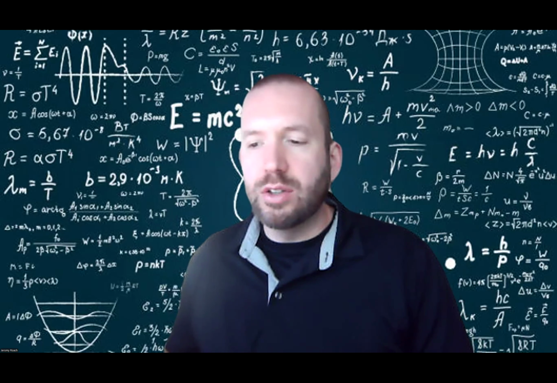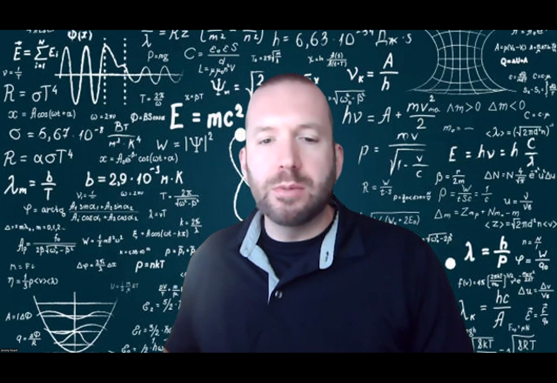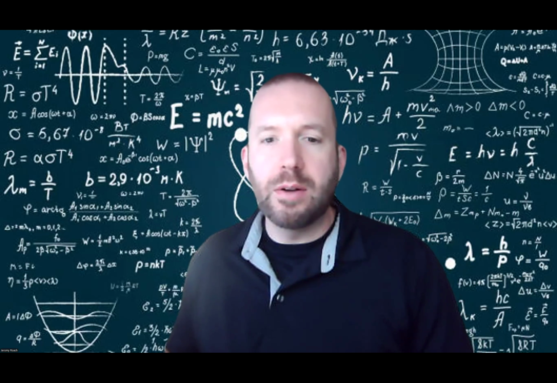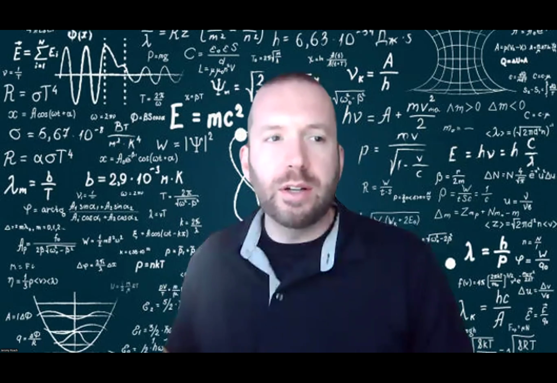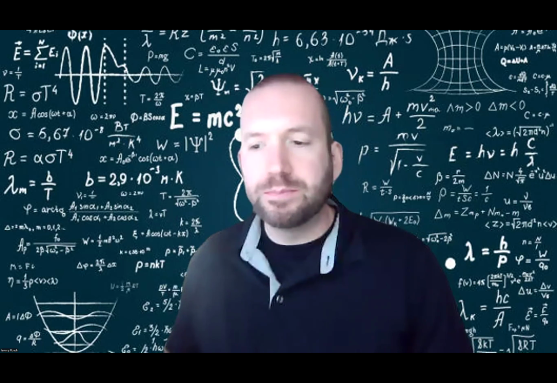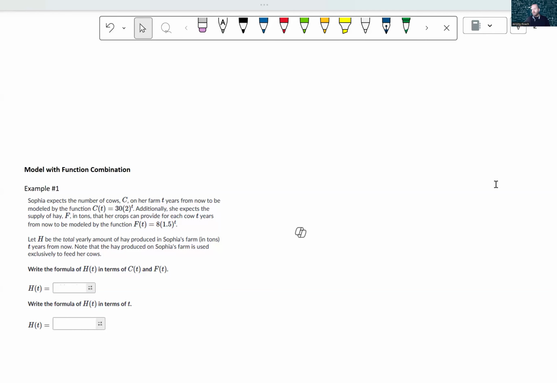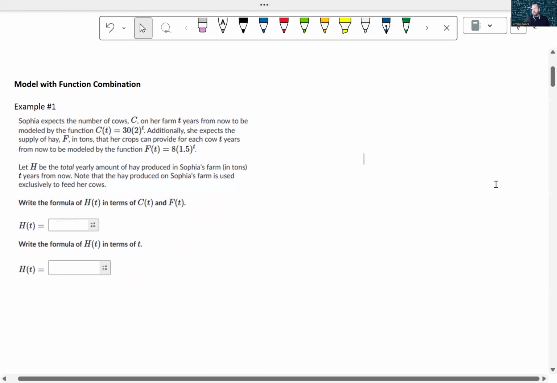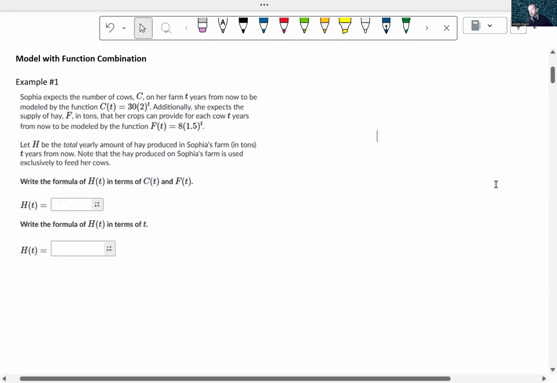So I think this is a good summary for this course in terms of looking at word problems and figuring out how to translate them. So the first part is modeling with function combination.